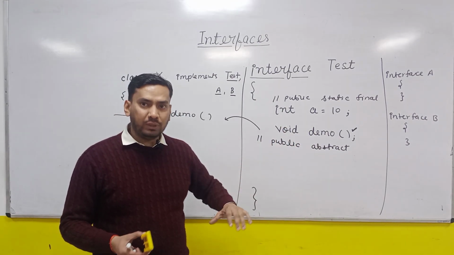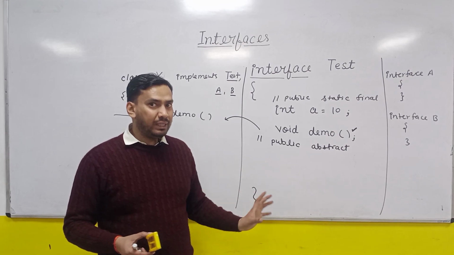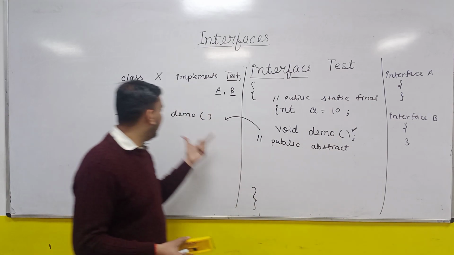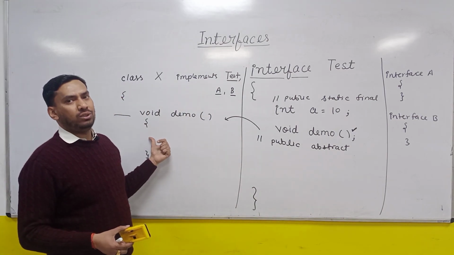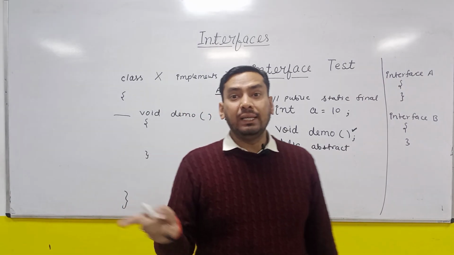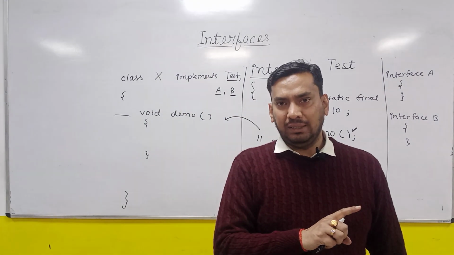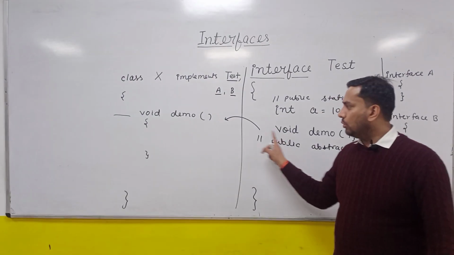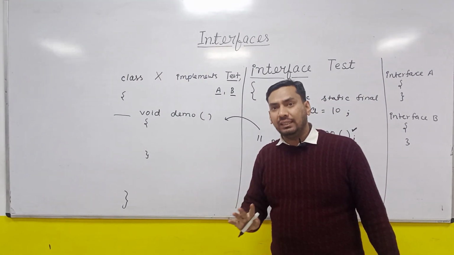So in overloading you change the parameters, but in overriding you don't change the parameters. So same name, same parameter I am writing here, but it is not overriding because during the overriding you cannot reduce the accessibility level. Here the accessibility level is public, so here you will have to at least retain this.